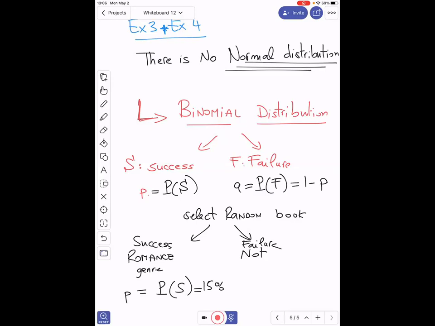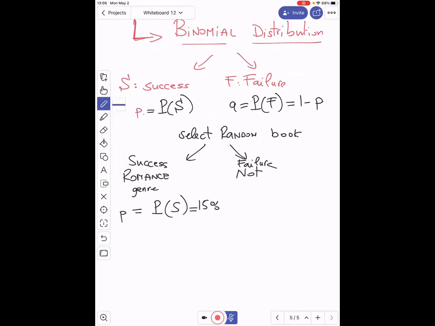You need the P, the probability of success. That will be the percentage in the statement, and then you're going to have a number, and that will be the number of trials. So that's the 316. You have a sample of 316 books, right? So this number of trials, or the size of the sample, is the number you have in the statement. So that's your 316.